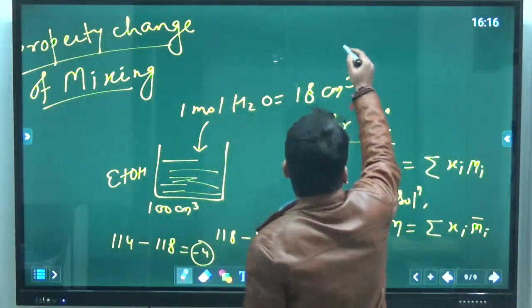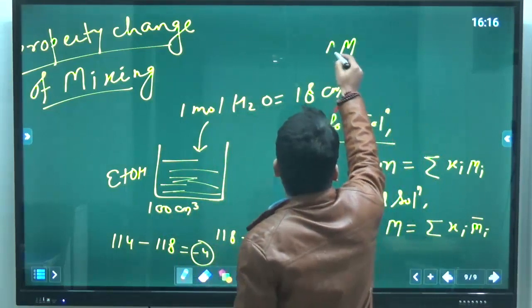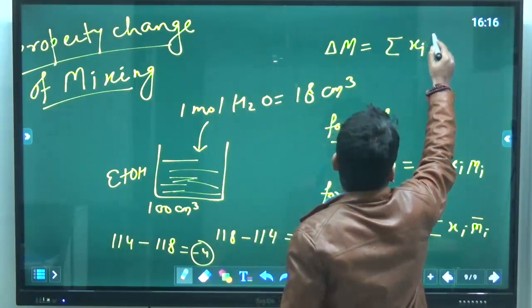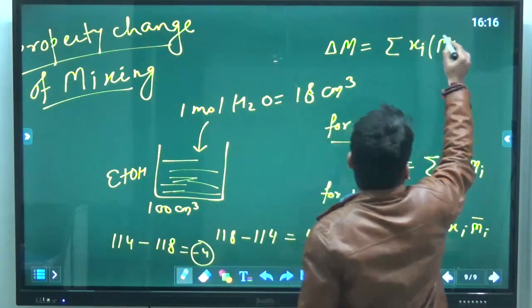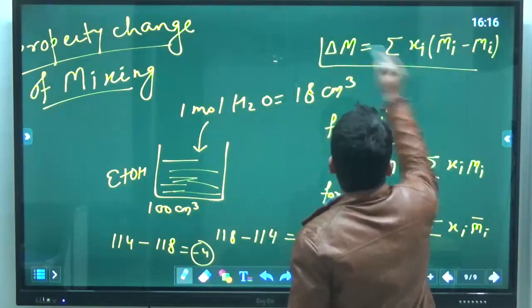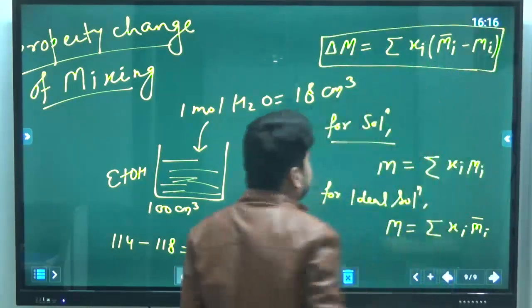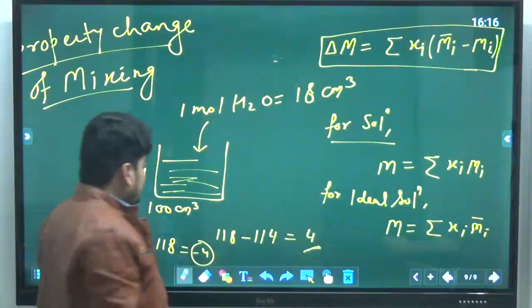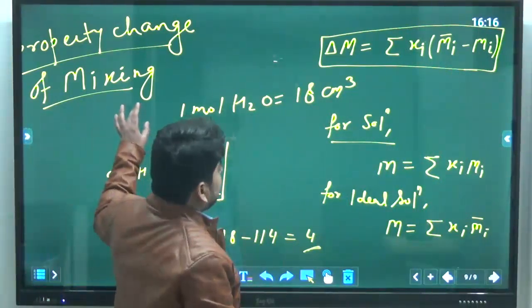If you take this difference, delta m will be equal to summation of xi times mi bar minus mi. This is the property change of mixing that we defined.